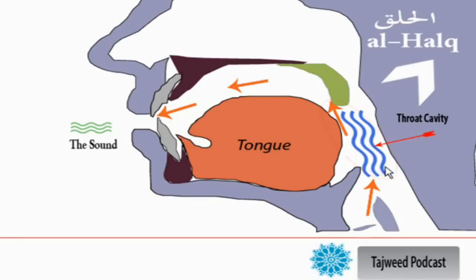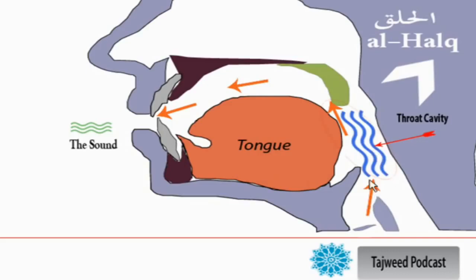Then whenever the 2 parts meet and vibrate, they create a sound by hitting each other, and the sound flows and comes out of the mouth. So you say ak, akh, agh and so on.